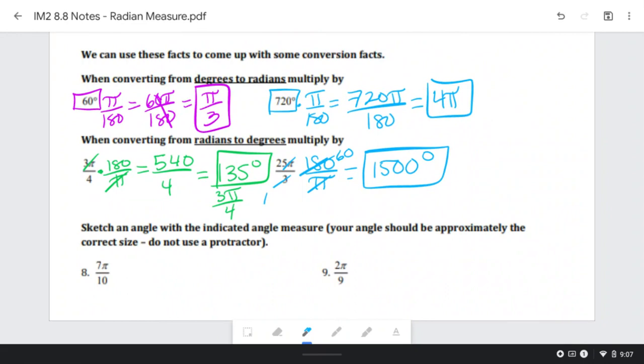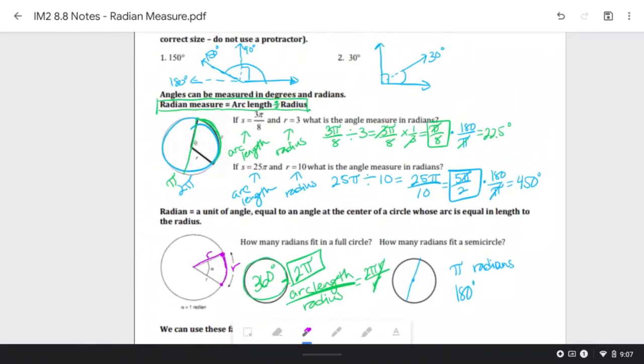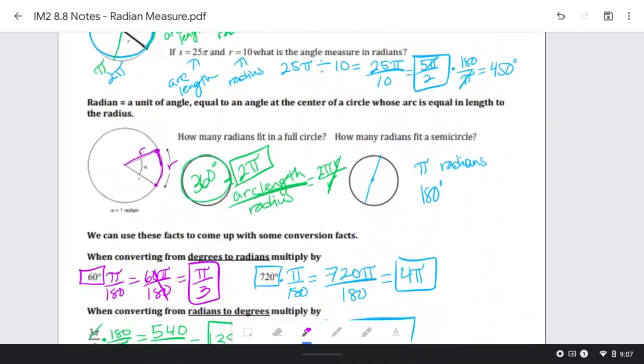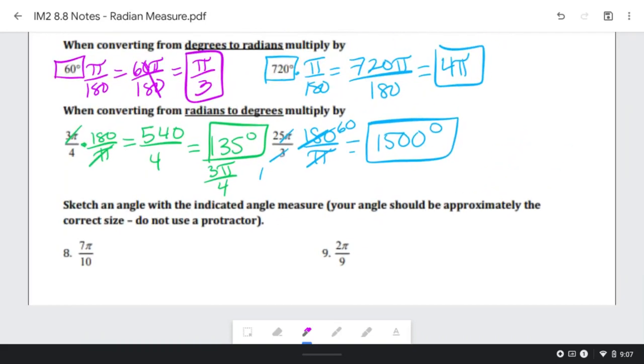And now if we're going to sketch these, it says sketch an angle with the indicated angle measure. Your angle should be approximately the correct size. Do not use a protractor. So we're given radians and they're asking us to sketch them just like we did at the top. Now, if I look at the radians, it really doesn't mean much to me.